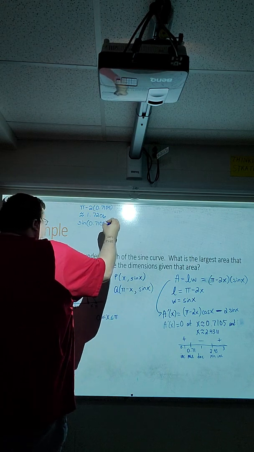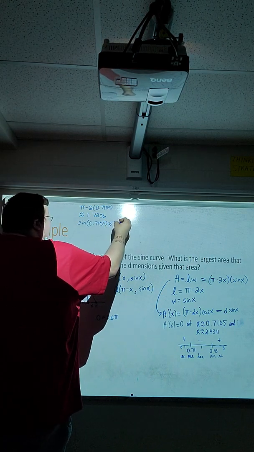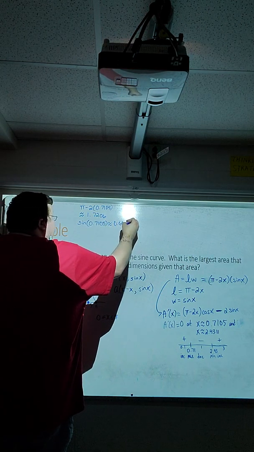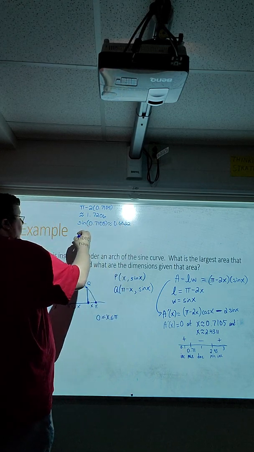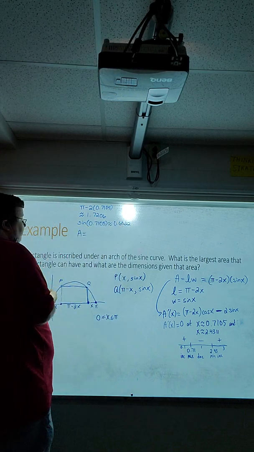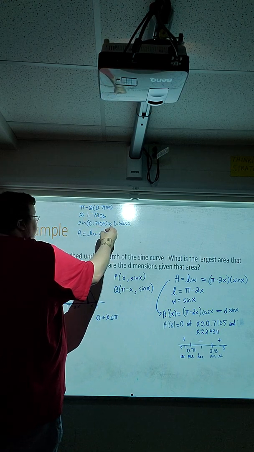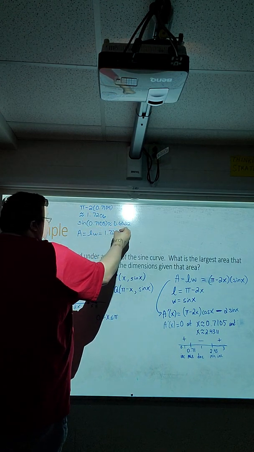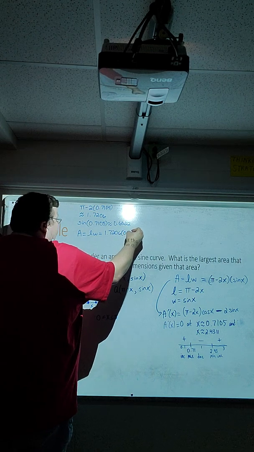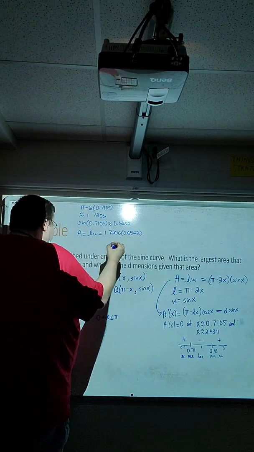When I do that, I get the width to be 0.6522. And then I also want the area, that's the maximum area, so I'm gonna multiply length times width. So that's 1.7206 times 0.6522.